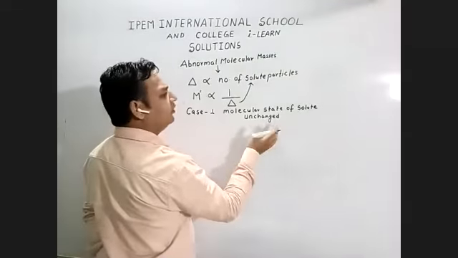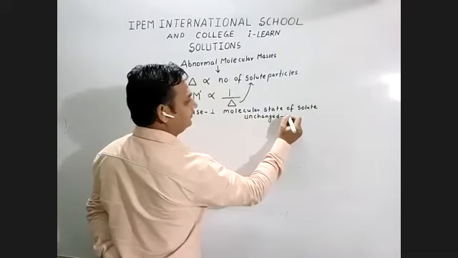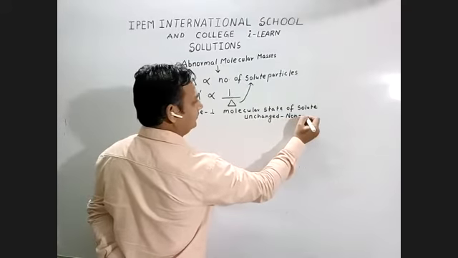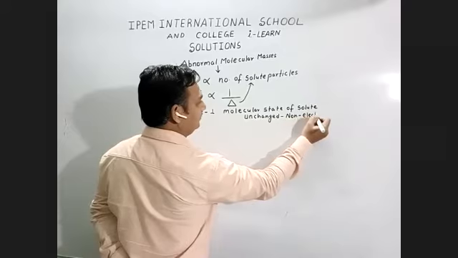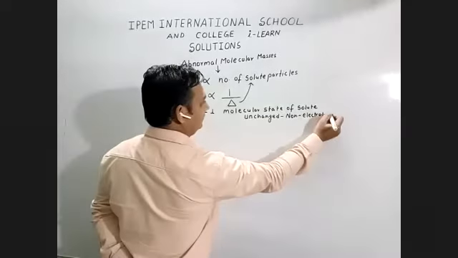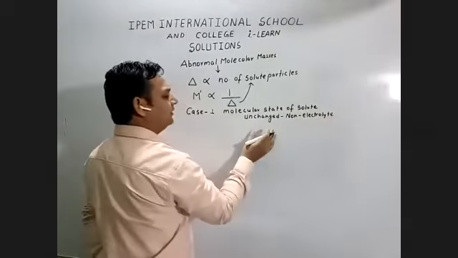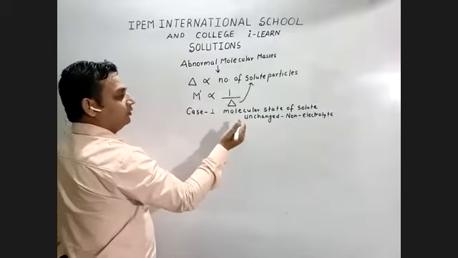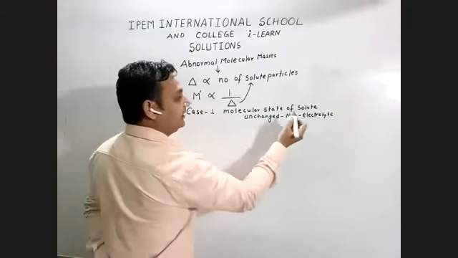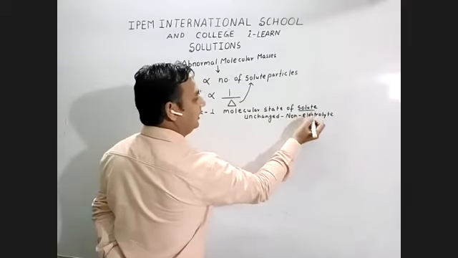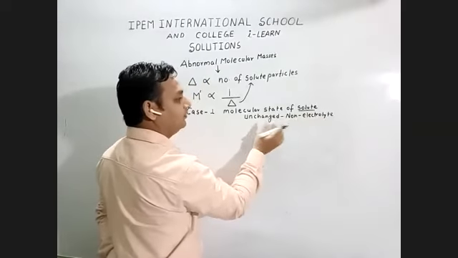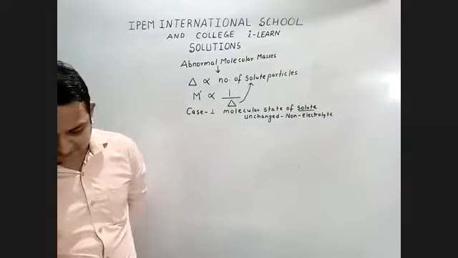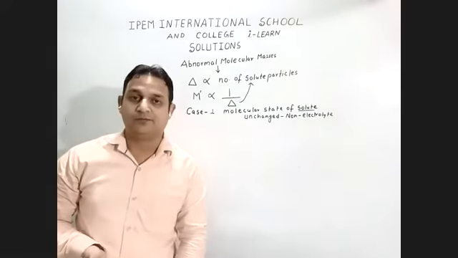Example, we can take non-electrolytes. We have urea, cane sugar, glucose. So what they are saying, the molecular state of solute remains unchanged, non-electrolyte. Example, we can have urea, glucose, sucrose.